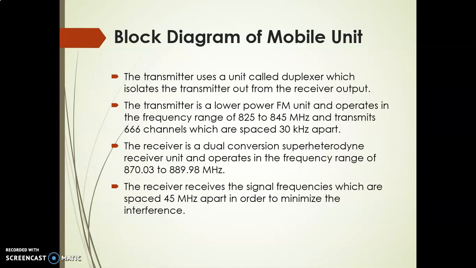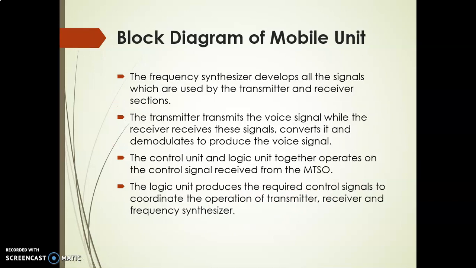Again, here the receiver uses the signal frequency and has a gap of 45 megahertz. That means each signal frequency is spaced apart by 45 megahertz. Again, the reason is to minimize the interference, to minimize the disturbance.